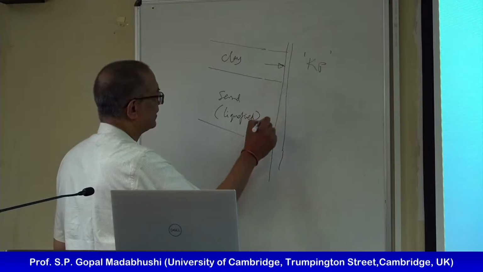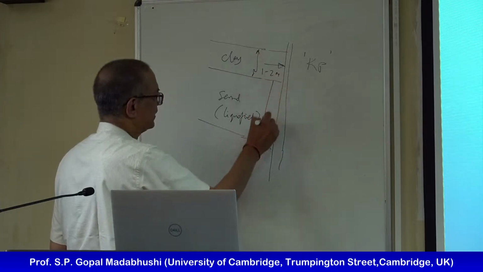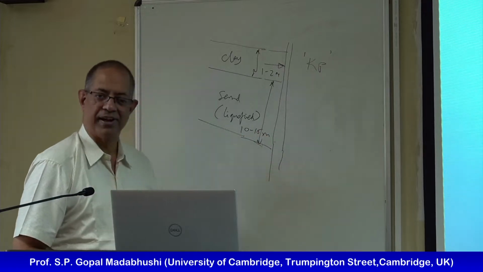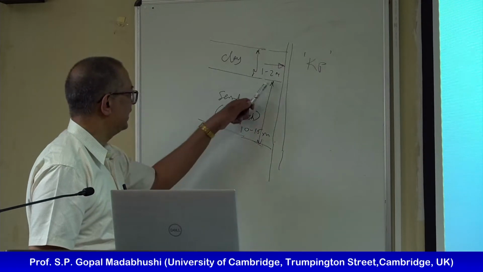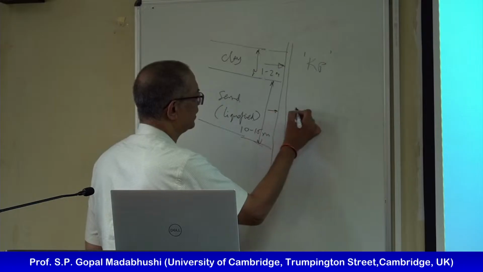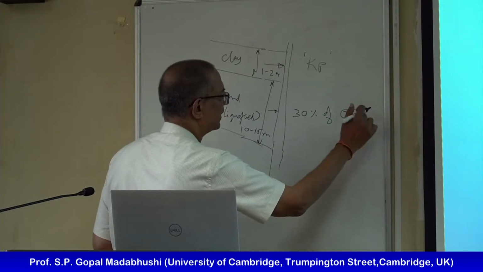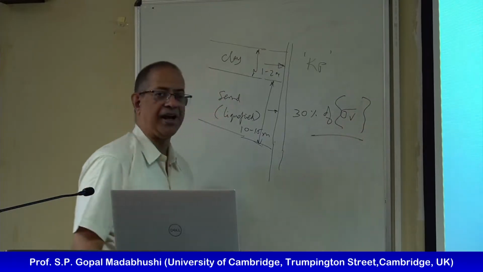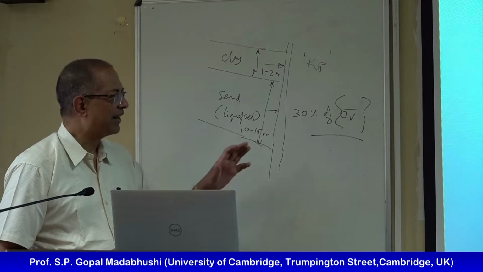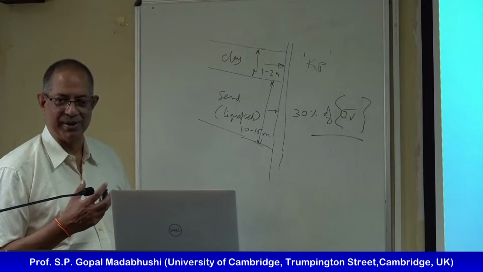For all this, typically this is 1 to 2 meters, and these are 10 to 15 meters, especially in Japan, right? So they're saying take 30% of the overburden stress, of sigma V, not dashed, and apply that as the lateral pressure. Where they got this 30%, nobody knows. It's just a number they picked.